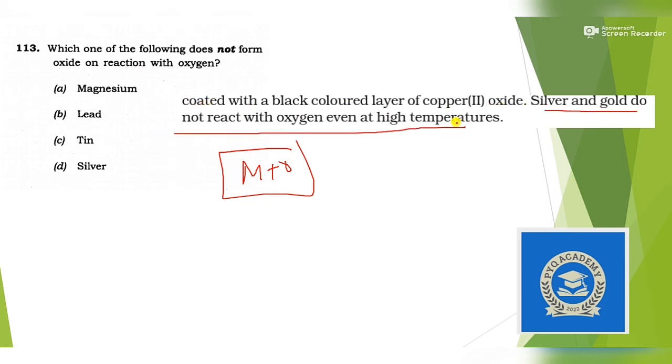You can simply remember that if silver and gold would react, then the person who is wearing jewelry of this would see some change. Answer is option D, silver. Magnesium can form MgO, magnesium oxide, similarly lead PbO, and similarly tin SnO. So answer is option D.